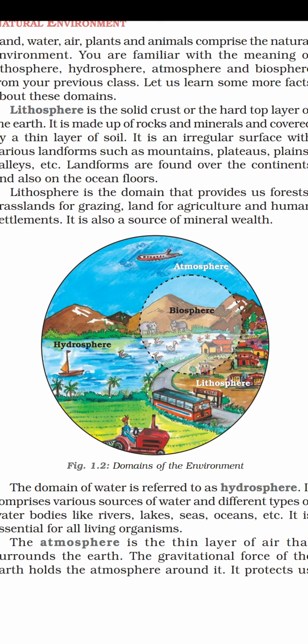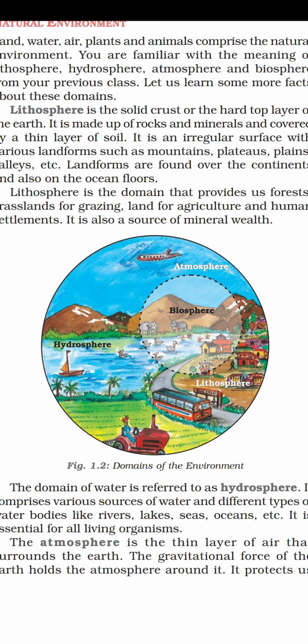We construct houses for living, no. The same land provides grass for grazing, food that feeds the animals, and shelter for wild animals also. It also provides land space for what? Forest. So this lithosphere itself has many uses: forests, grasslands, agriculture, human settlements and mineral wealth.